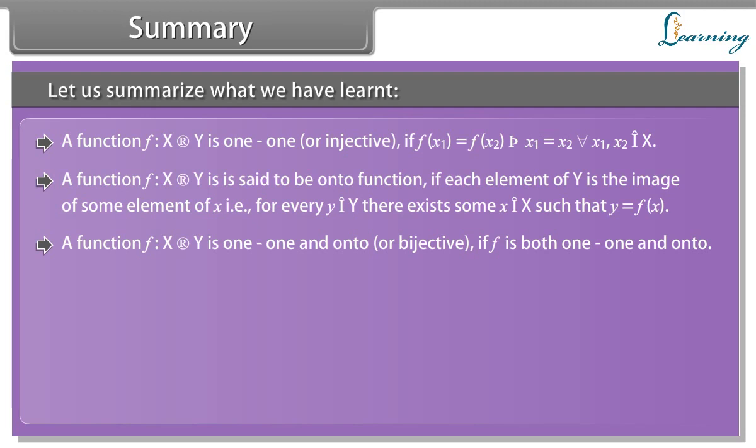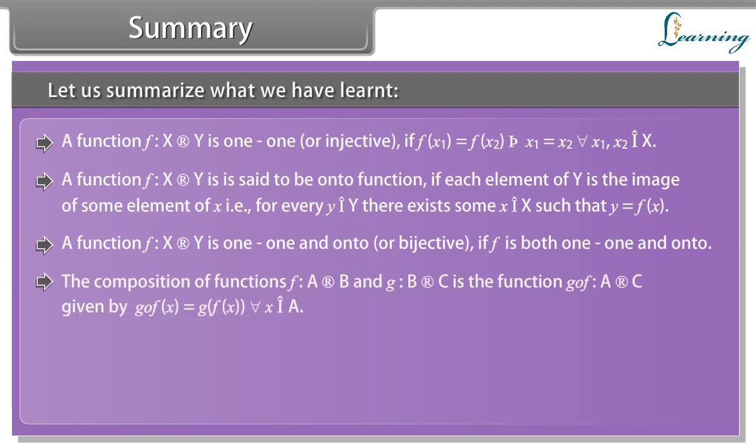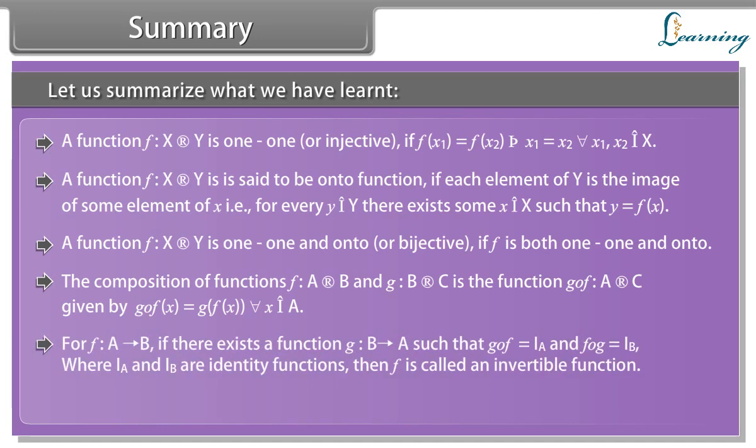The composition of functions f from A to B and g from B to C is the function gof from A to C given by gof(x) = g(f(x)) for each x belongs to A. For function f from A to B, if there exists a function g from B to A such that gof = I_A and fog = I_B, where I_A and I_B are identity functions, then f is called an invertible function.